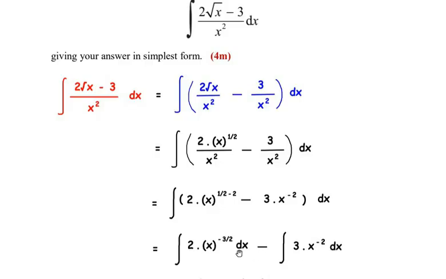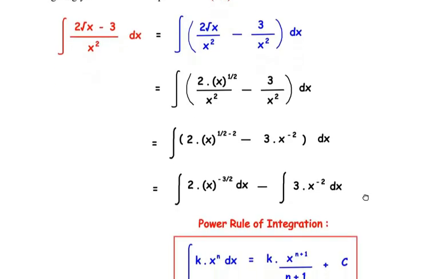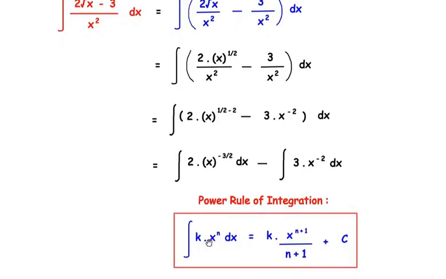Now to integrate these two terms, we are going to make use of the power rule of integration, which is given as integration of k times x to the power of n dx. Here k represents the constant, which is 2 and 3 in these two terms, and n represents the power of x.